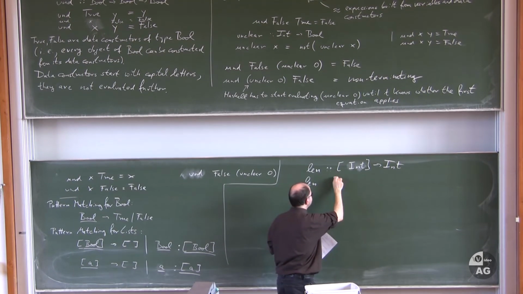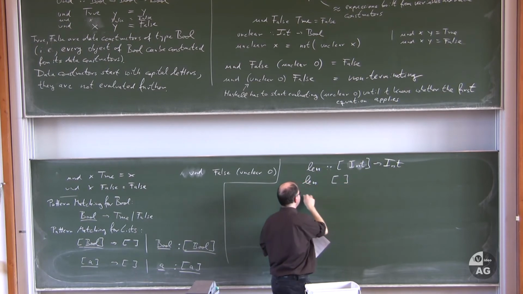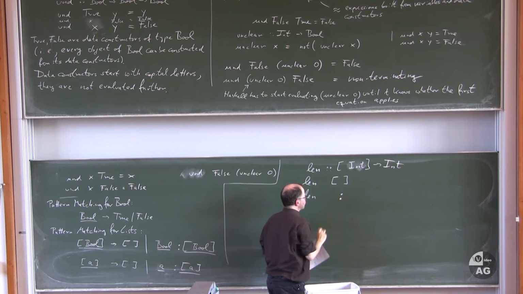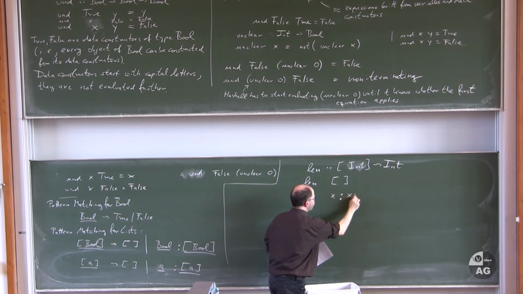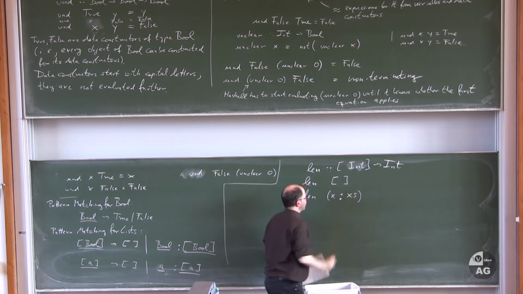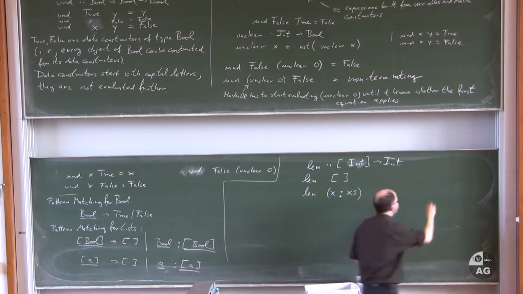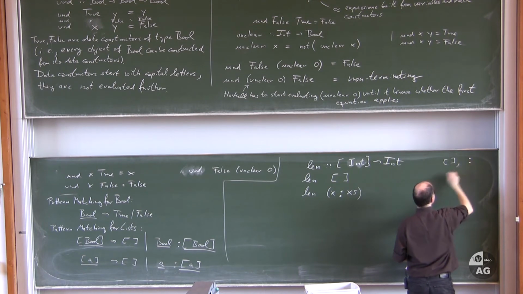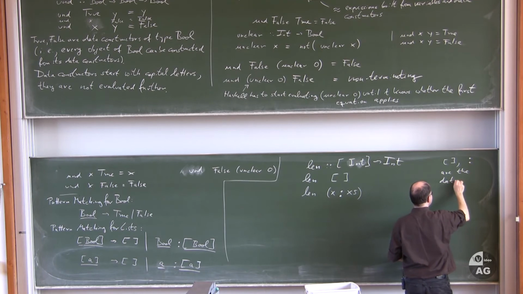Either the first argument is the empty list or the first argument is a non-empty list, so something built with the data constructor colon. Then it looks like this, x and xs. So for lists, we have these two data constructors, the empty list and colon. These are the data constructors for lists.